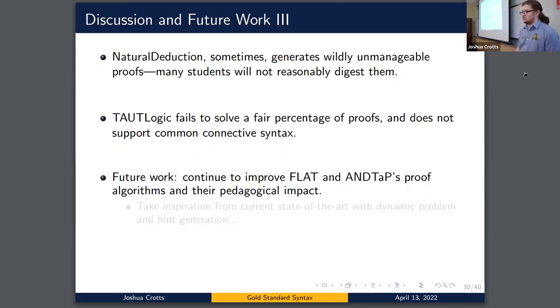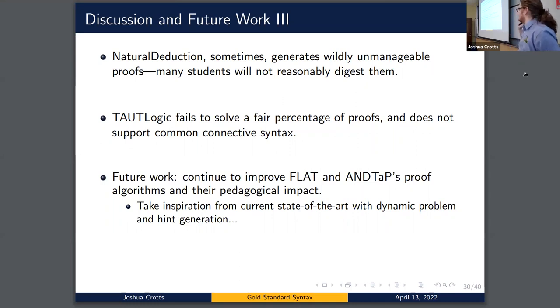So future work: we want to continue improving FLAT and ANTAP's algorithms, so make them succeed more, increase their success rate, and also make them more pedagogically appealing. Right now they do have the tutoring aspect, but we would like to take inspiration from projects like DeepThought to generate dynamic hints and dynamic problems. That's something we would like to do in the future.